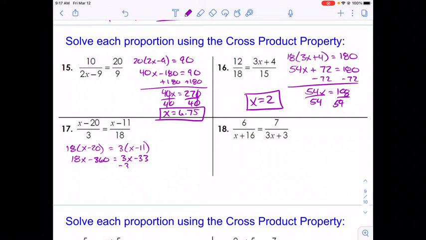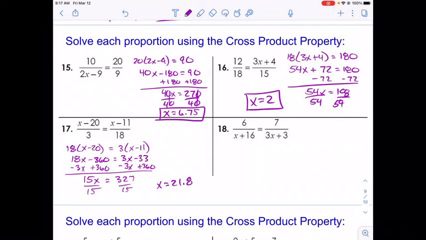And now I'm going to bring the smaller x, 3x, over, which means I got to bring the 360 to the other side. So this gives me 15x, and a negative 33 and a positive 360 is going to give me a positive 327. Divide by 15. And so then x is going to give us 21.8.